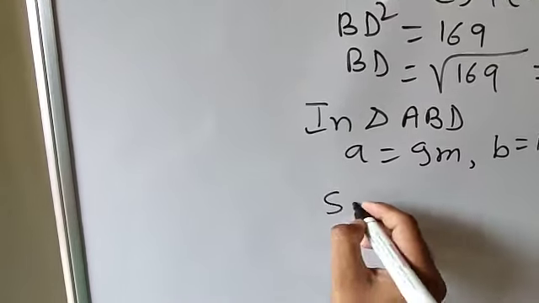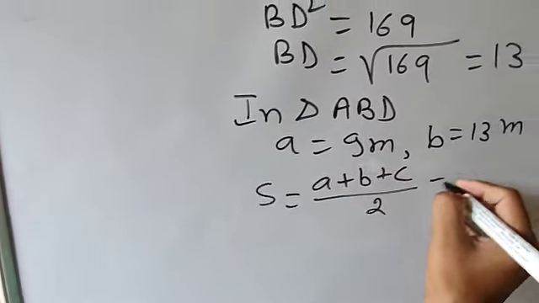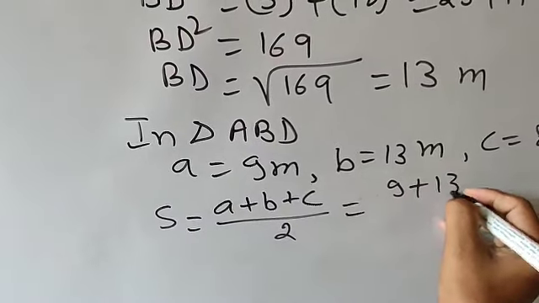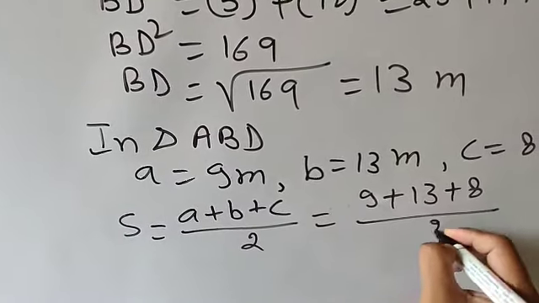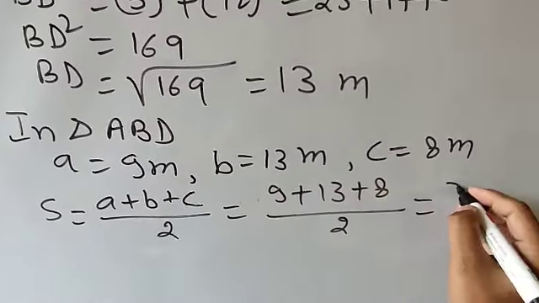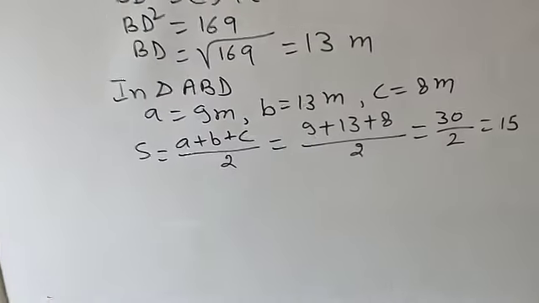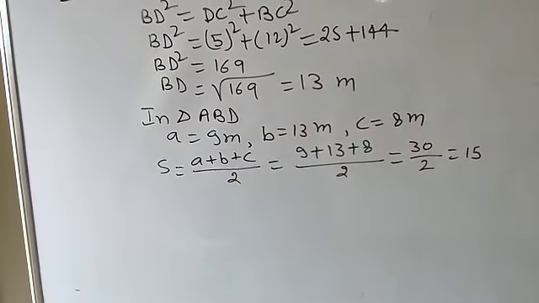Now find s. s equal to a plus b plus c by 2, that is 9 plus 13 plus 8 by 2. 9 plus 13 is 22, 22 plus 8 is 30. So 30 by 2 is 15. So s is 15.